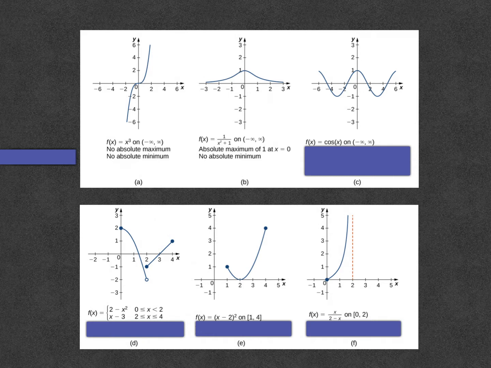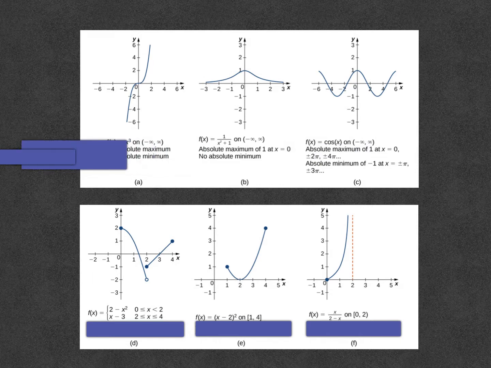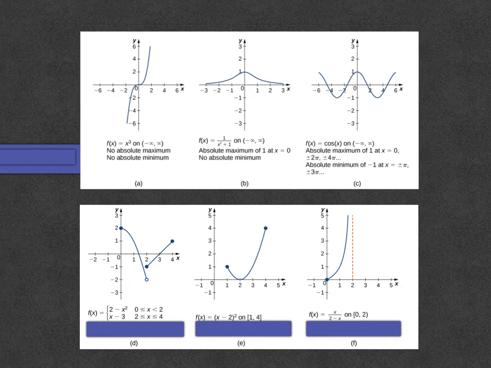These 2 are my absolute minimums, and if you know your cosine curve, you might know where they are: 0, 2 pi, 4 pi, 6 pi, plus or minus, because that cosine curve keeps repeating. We keep extending out further, and then the minimums are at pi and at all the odd multiples of pi. The absolute maximum, the y coordinate is +1, and the absolute minimum, the y coordinate is -1.